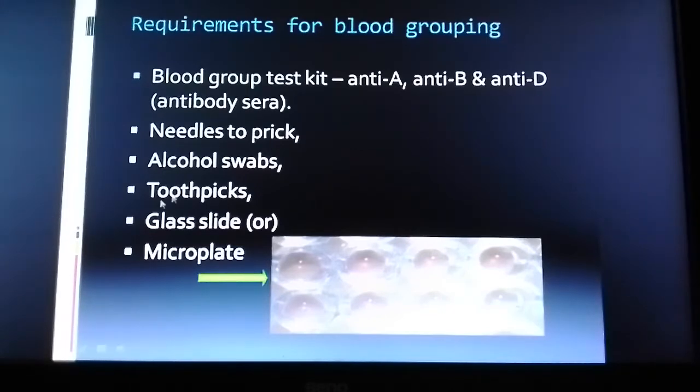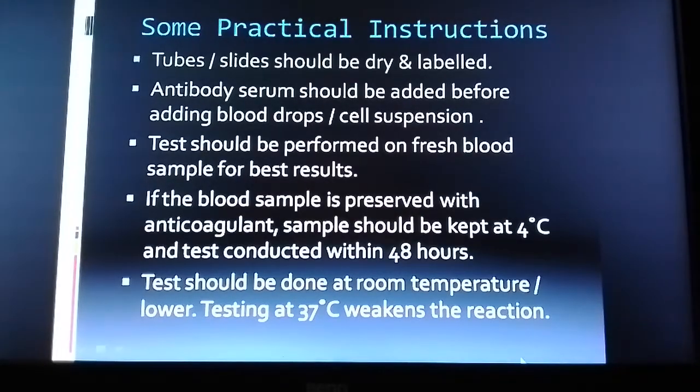Now here I have given simply what are the requirements for making such a simple test at student lab level. And as the practical instruction, these are some important instructions to be followed, even though it is a student lab test. One important thing is, if the blood is fresh, then the result will be better compared to that of stored blood.